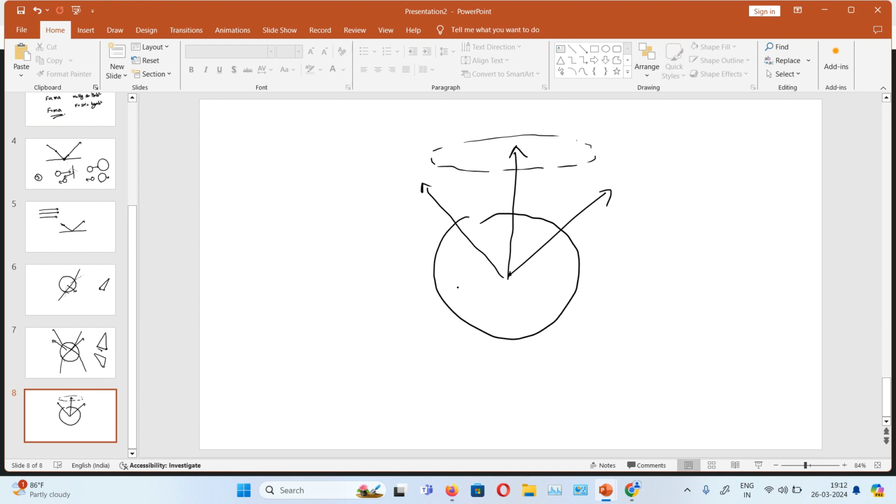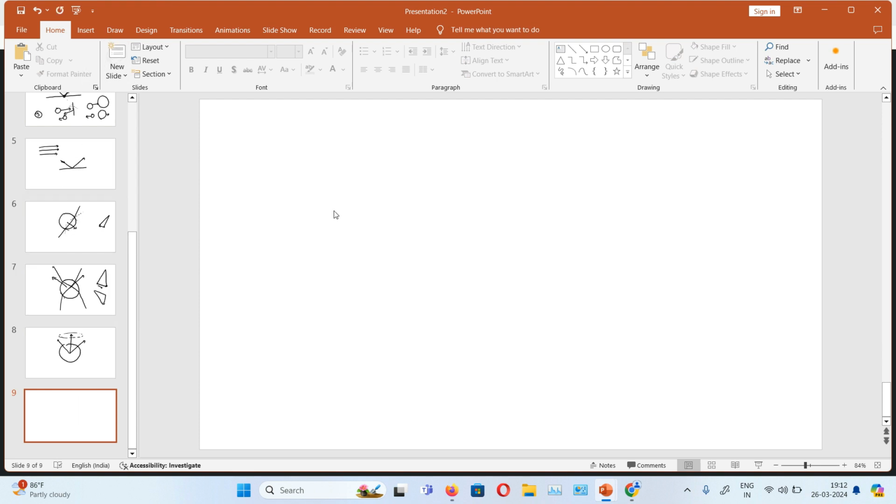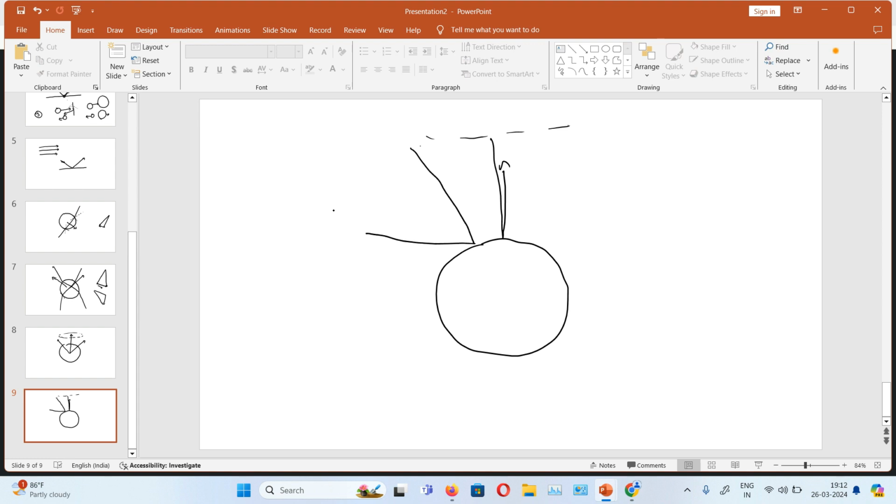Now, other than the refractive force, there is also a reflective force. The light is coming from here and reflecting back. This one is coming like this, reflecting back. Here also it is coming and reflecting back.